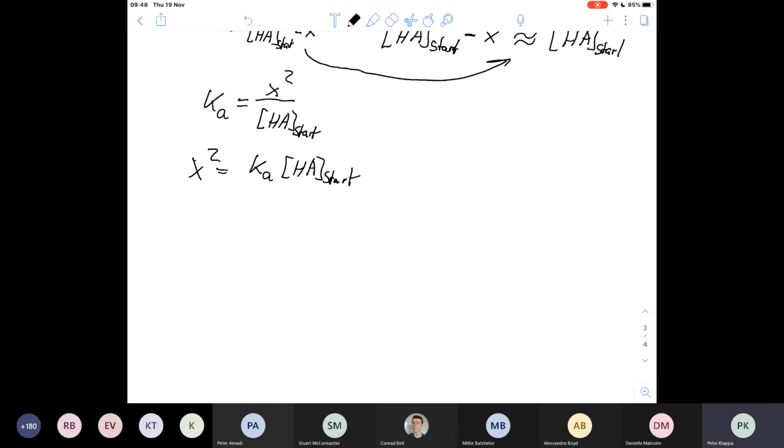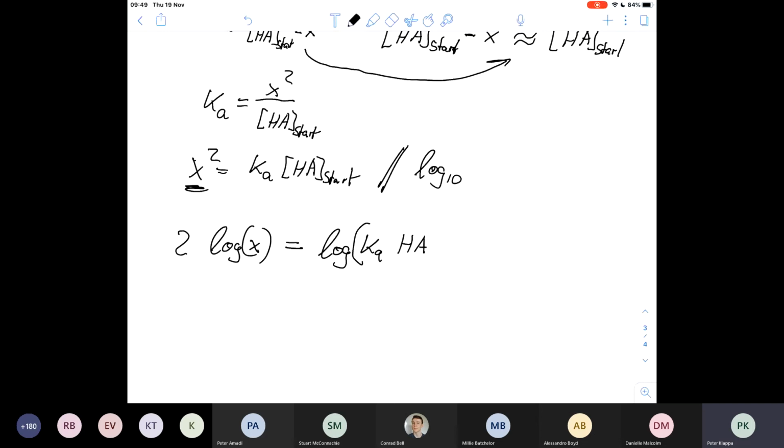So x squared equals Ka times HA start. Just for fun, let's take both sides of the equation log 10. We know how we deal with something like that. This would give us 2 log x, that's the rules of logarithm, equals log of Ka times HA start.